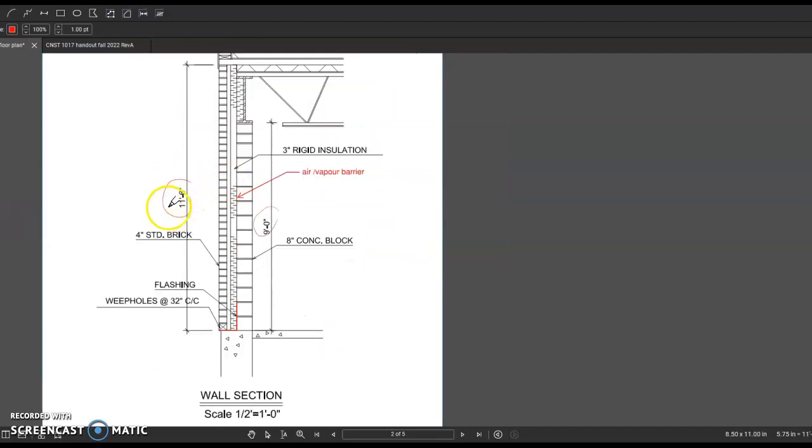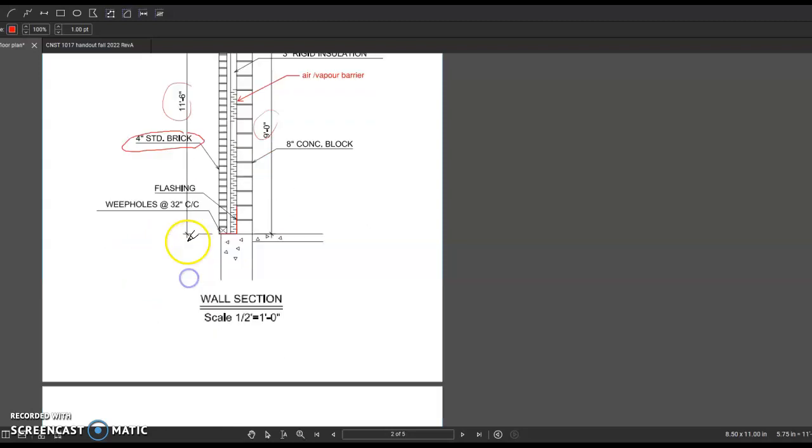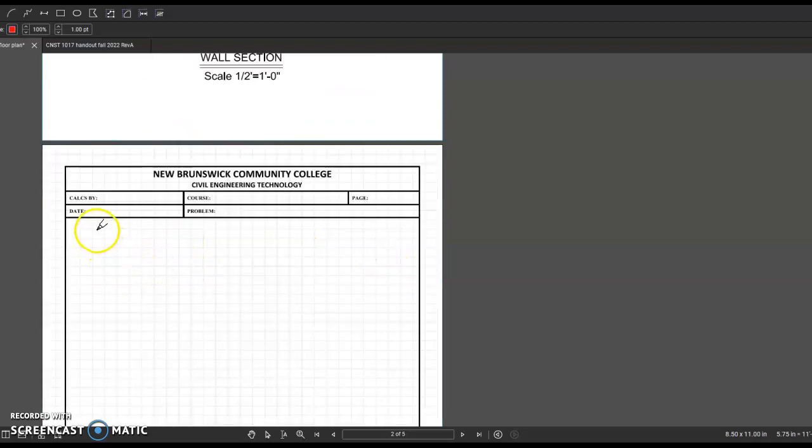Okay, so let's look at doing our brick first. We'll start from the outside. We've got a 4-inch standard brick. And what do I need? I need to know the area of brick.